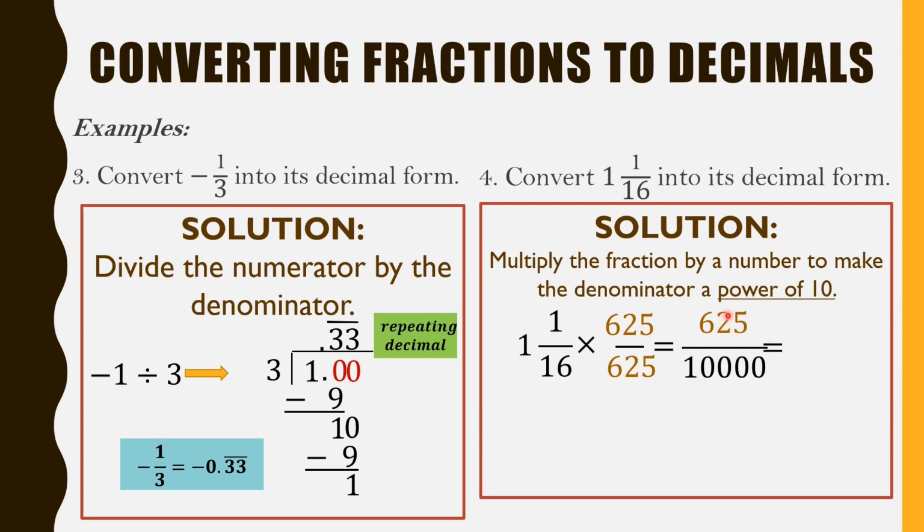And then to express that as a decimal, we write 625 first and then count the number of zeros. So we have 1, 2, 3, 4. That means that our decimal point is here, and we are going to move 4 places to the left. So we have 1, 2, 3, and 4. Let me draw that.